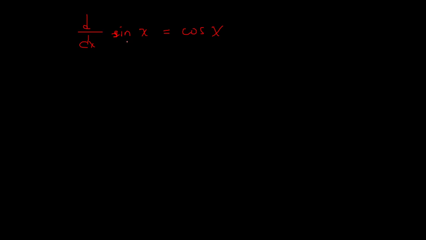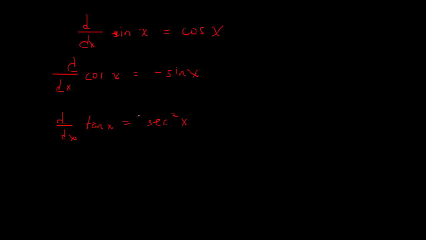Now if you differentiate cos x, d/dx of cos x is equal to negative sine x. And we could go on and on. d/dx of tan x, we could use the quotient rule, and we would get secant squared x.